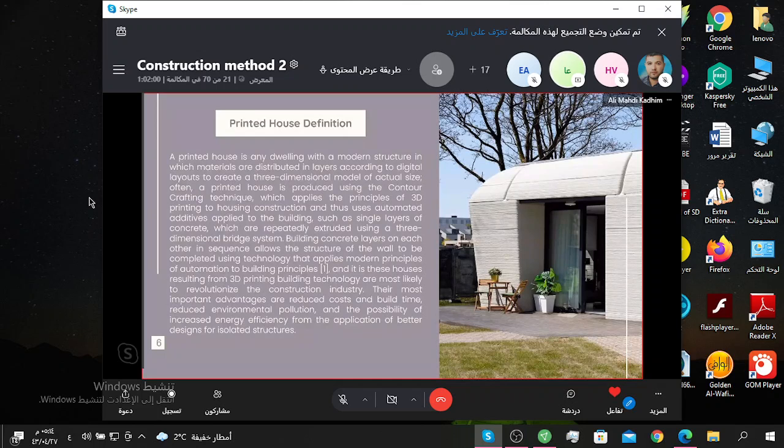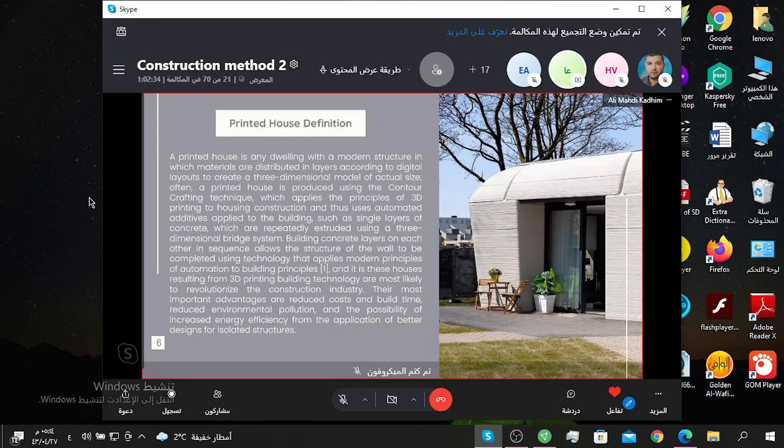It is these houses resulting from 3D printing building technology that are the most likely to revolutionize the construction industry. Their most important advantages are reduced costs and build time, reduced environmental pollution, and the possibility of increased energy efficiency from the application of better designs for isolated structures.